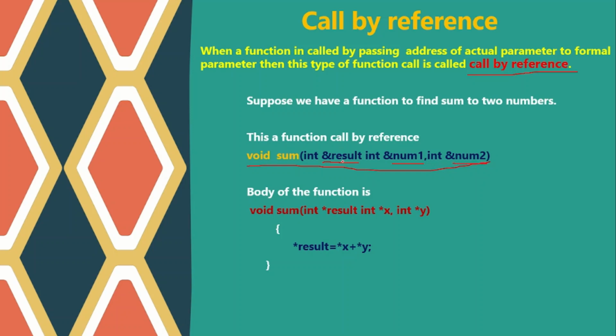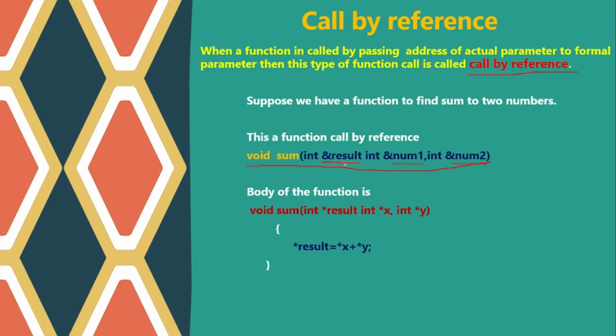Here we are passing address of result, address of num1 and address of num2. We are passing addresses of three actual parameters to formal.